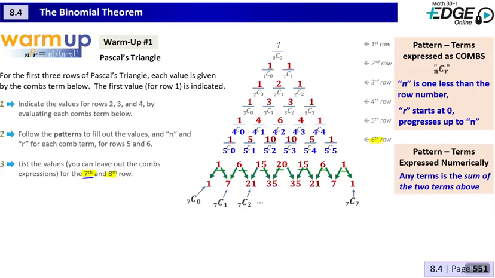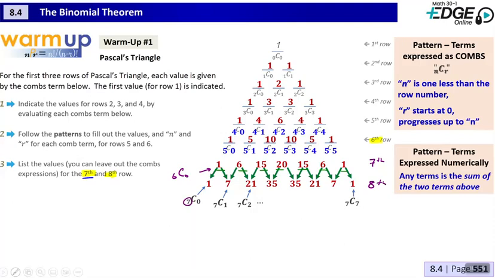But I want to highlight again that in the 7th row, we started with 6 choose 0, right? So n was 6. And in the 8th row, we started with 7 choose 0, and so on.